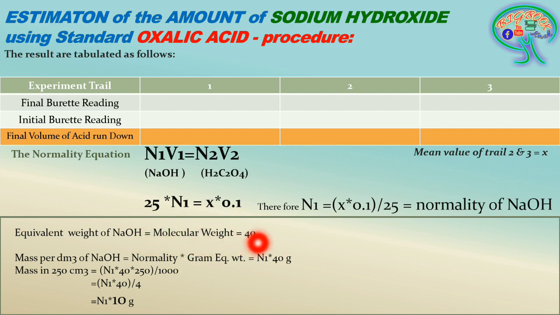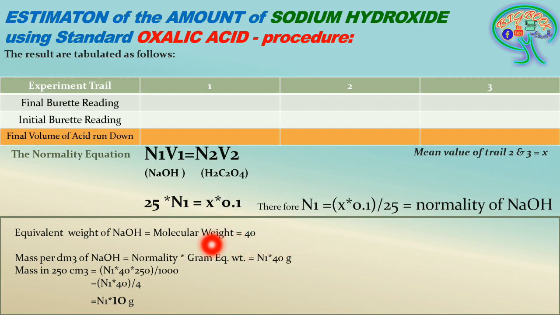Whatever result we get, that will be the mass per decimeter cube of the NaOH. So this is how the estimation of the sodium hydroxide will be done with the help of the oxalic acid, by identifying the normality in the prior steps.